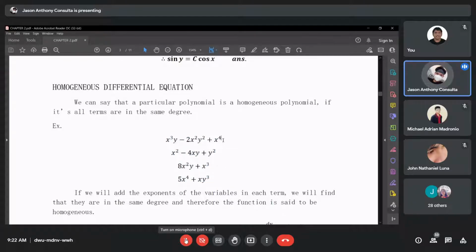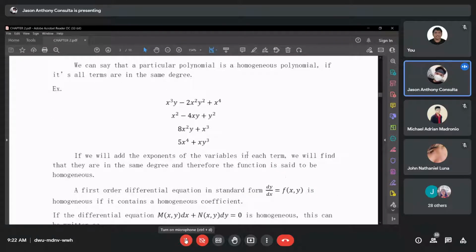Okay. Sorry class, dapat meron itong equal to 0 lahat. So if we add all the exponents of the variables in each term, we will find that they are in the same degree. And therefore, the function is said to be a homogeneous differential equation.